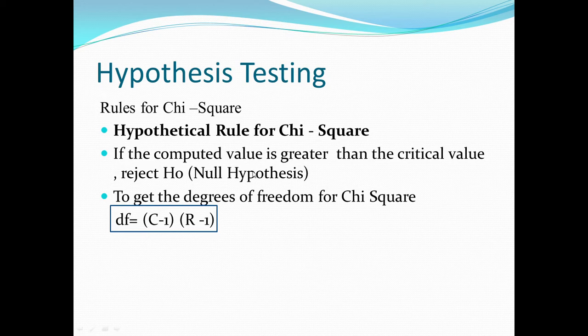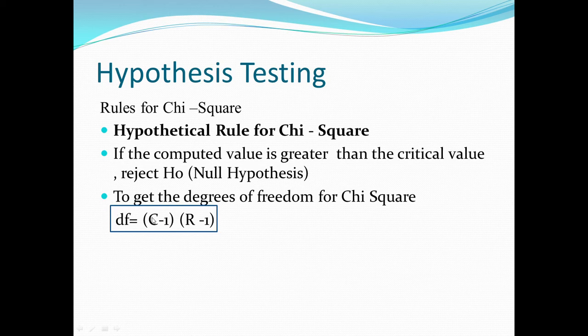Ayan. Now, dito naman sa chi-square, we have rules for chi-square. So if the computed value is greater than the critical value, we have to reject the null hypothesis. Okay. So yung critical value natin, makikita natin yun based doon sa degrees of freedom natin. And we will see that later. Now, to get the degrees of freedom for chi-square, para makuha natin yung degrees of freedom, ito yung formula natin.